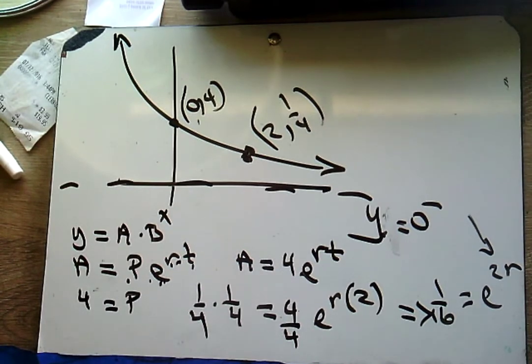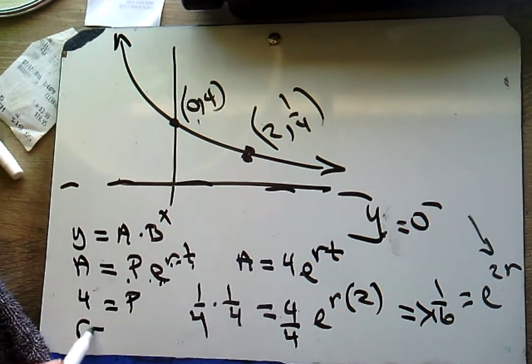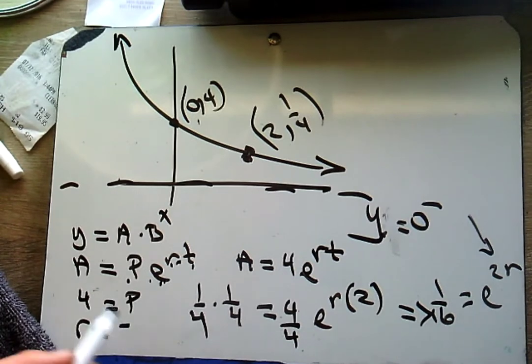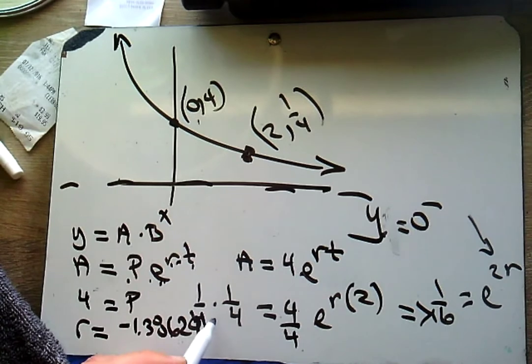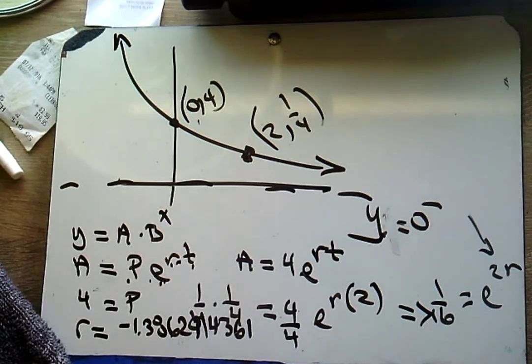So I want the ln of 1 divided by 16, and I want to take that number and divide it by 2. So I get that r equals negative 1.3862944361.